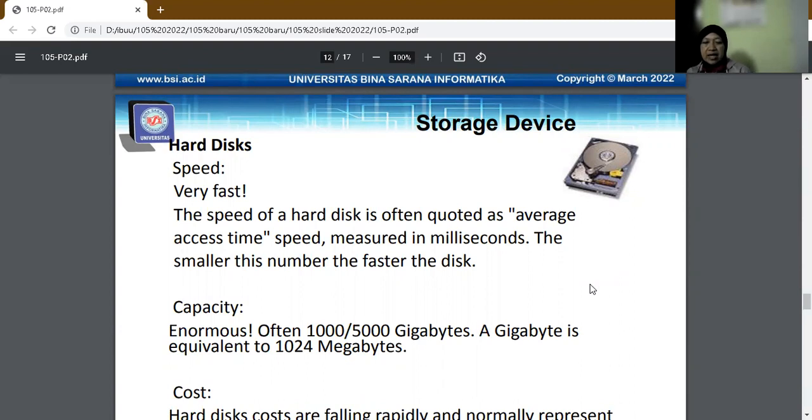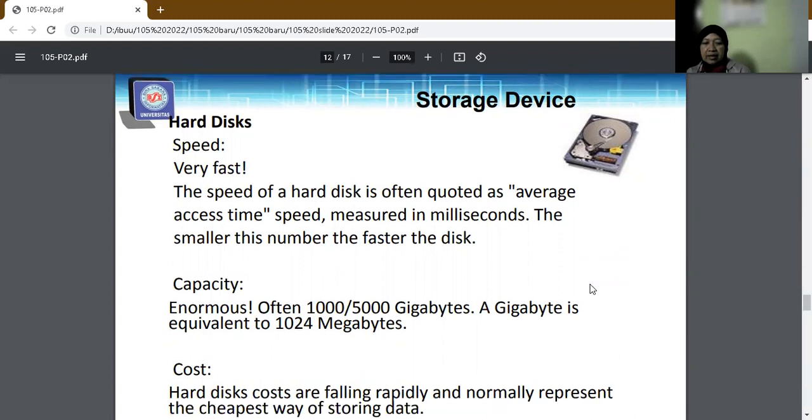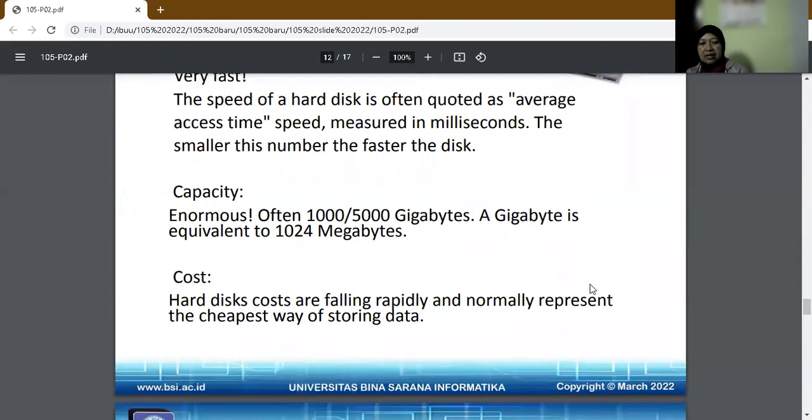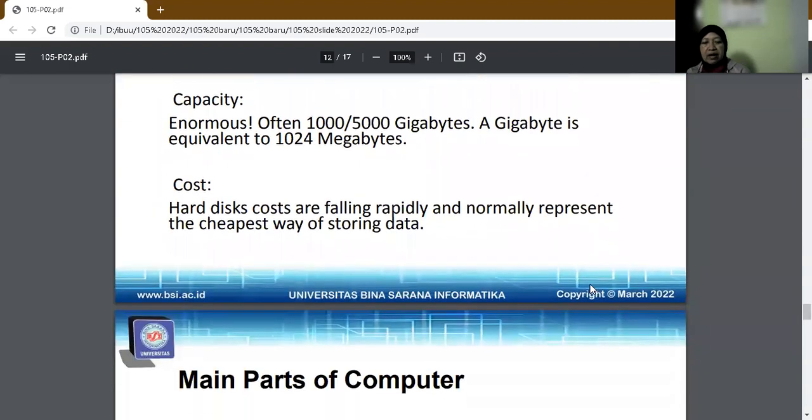A gigabyte is equivalent to 1,024 megabytes. And the hard disk cost is relatively normal. This is the cheapest way of storing data.